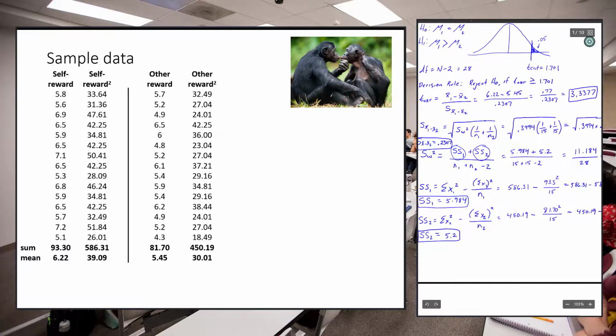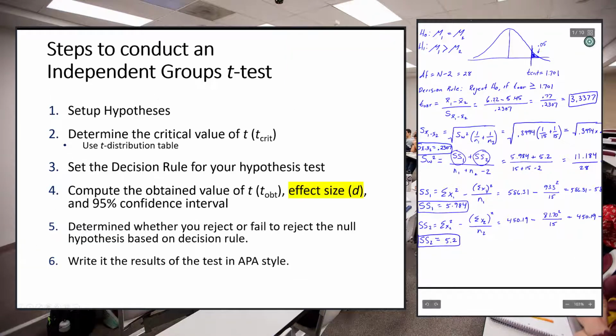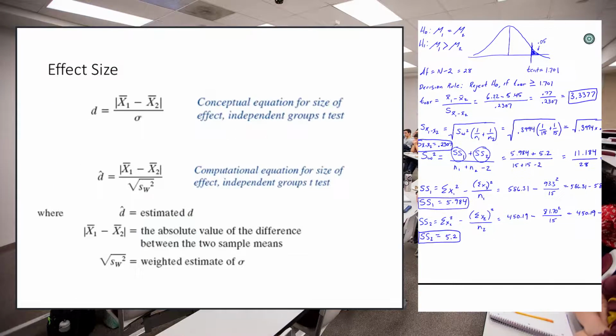Now what we need to do is compute our measure of effect size. So when we compute our effect size, we're going to use Cohen's d, just like before. And our estimated d value is going to be the difference between the two sample means divided by the square root of the pooled variance.